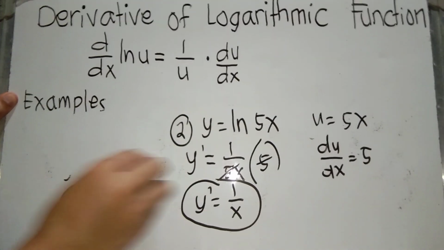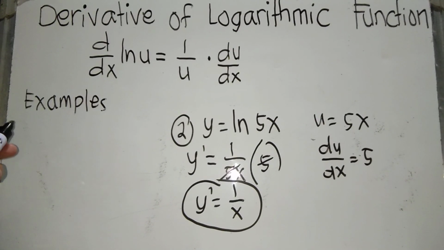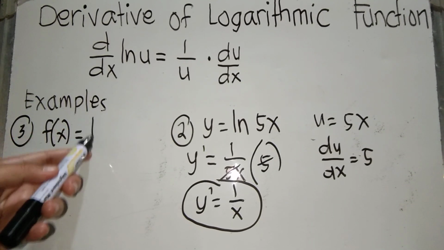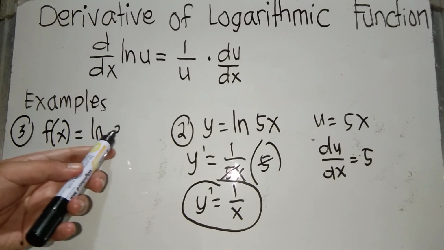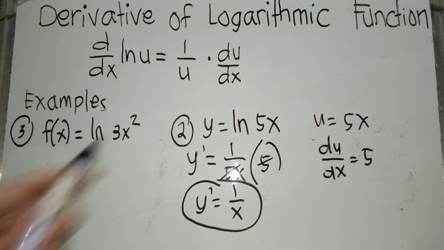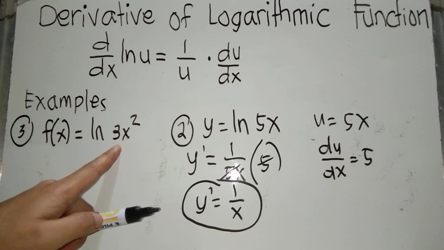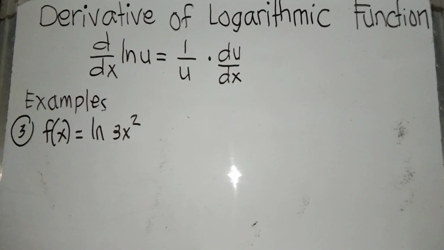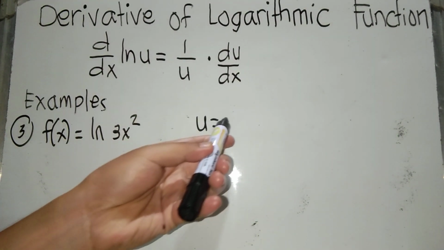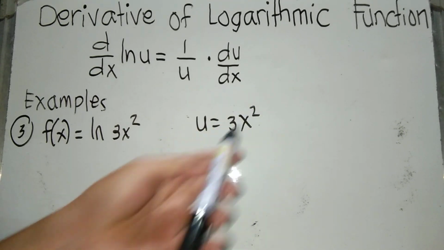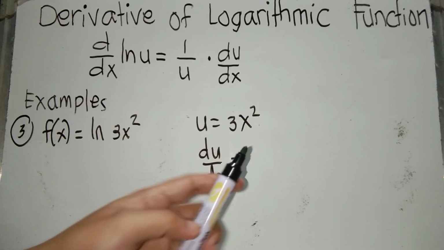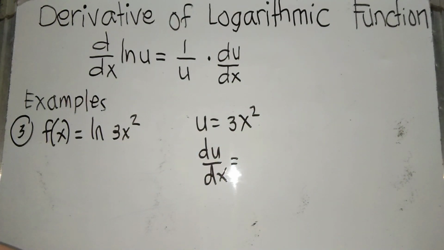Another example. If you have here f of x is equal to ln 3x squared, our u this time is 3x squared. So let's write that here: u is equal to 3x squared. In finding the derivative of u with respect to x, all we have to do is follow the constant times a function derivative rule.